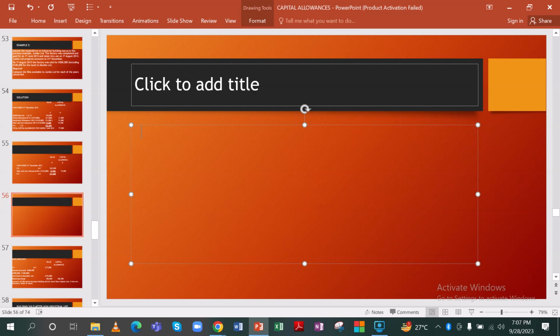So we have charge, that's value. We also have capital allowance.